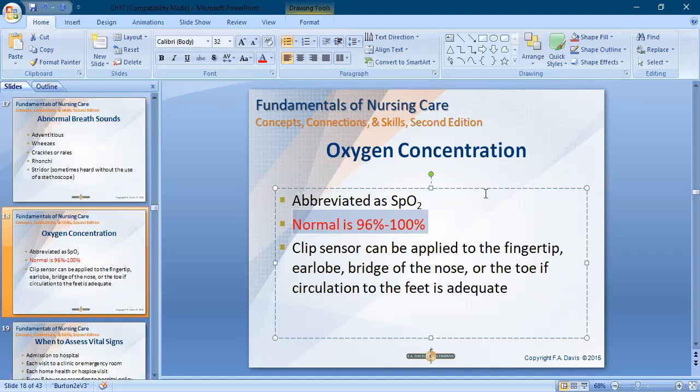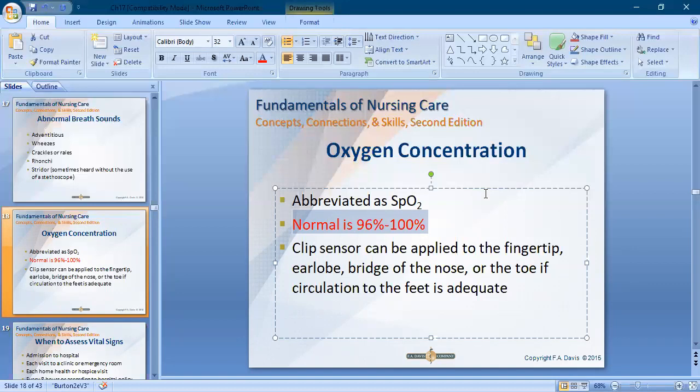I'll repeat it. Normal saturation of oxygen is 96 to 100%. The board asks questions in 2 categories. In one category, they ask, out of 4 patients, which patient do you go to first?